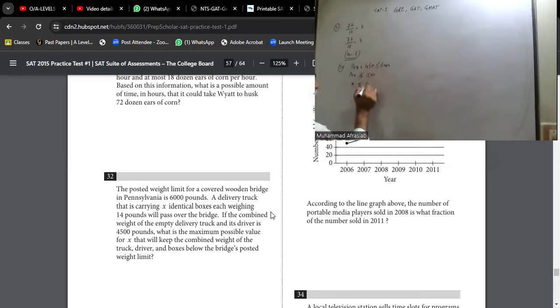So x is less than or equal to 1,500 over 14, so x is less than or equal to 107.14. So the maximum number of boxes is 107, because it must be less than that value.